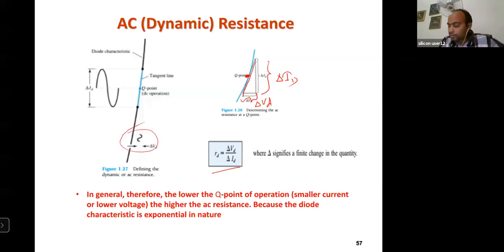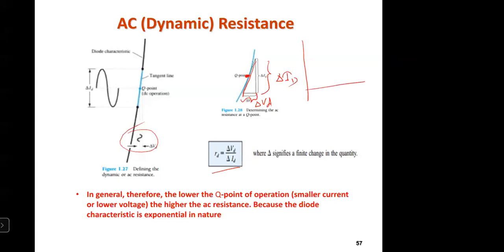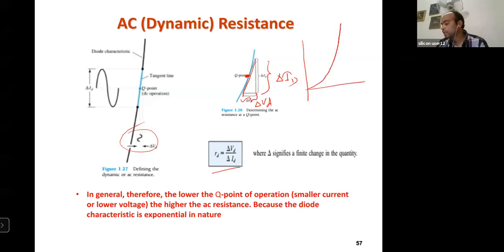So what is this figure? What are you understanding here? Why is it named AC resistance? Okay, let us say AC current is flowing. Suppose this was my input characteristic and this is my point of operation.